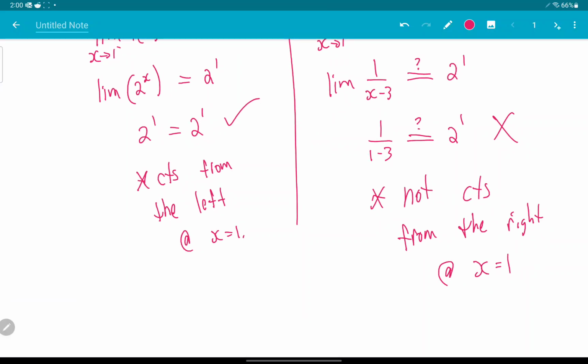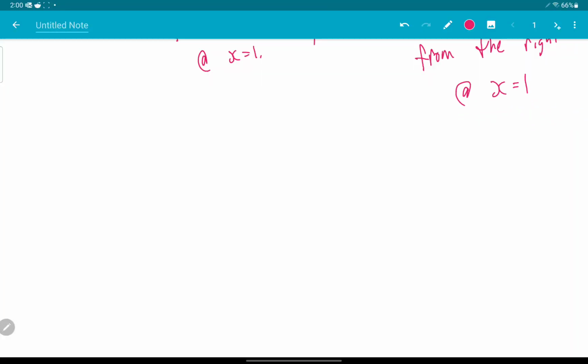Now what about x equals 3? At x equals 3, f of 3 doesn't even exist. So f of 3 is DNE.